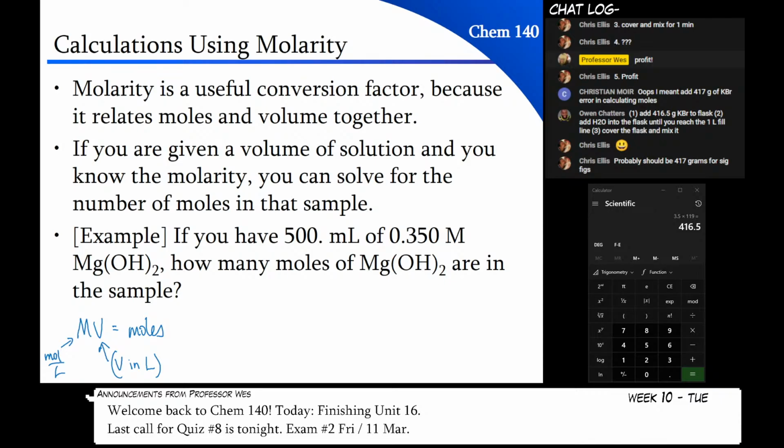All right, so those units are going to be very relevant for this equation because we need to actually cancel out units. Here I have half a liter, 500 milliliters of 0.350 molar magnesium hydroxide. If I wanted to figure out how many moles there were, I would say the molarity is 0.350 moles per liter times, and I want 500 milliliters in liters, so I'm going to change that.